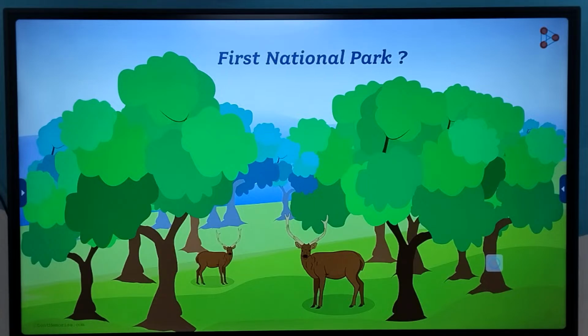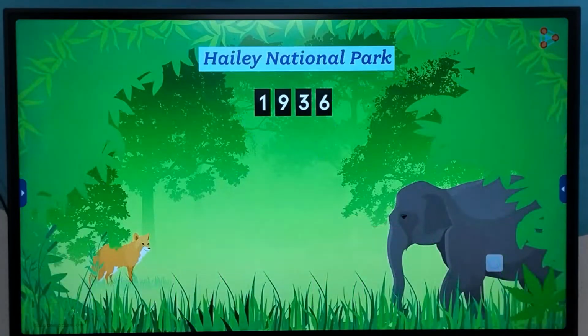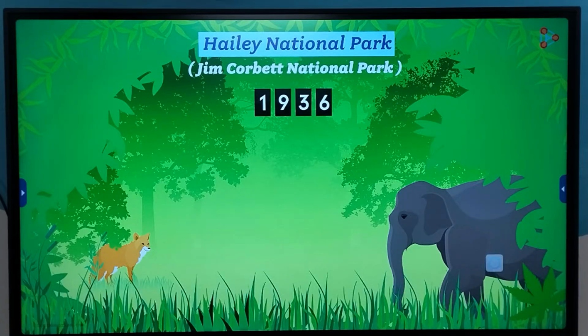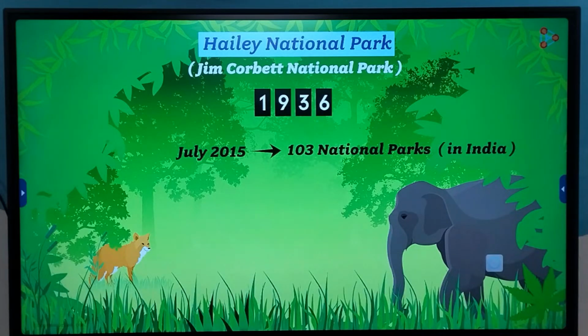Do you know when the first national park was set up in India? It was way back in 1936 by the name Haley National Park, which is now popularly known as Jim Corbett National Park. Did you know, as of July 2015, there are 103 national parks in India encompassing a whopping area of 40,500 square kilometers? Isn't that amazing?